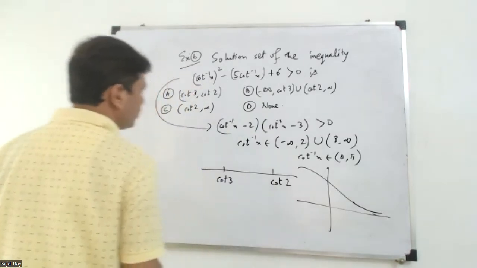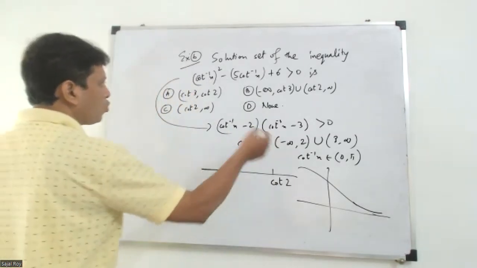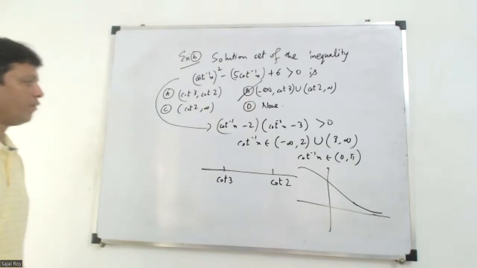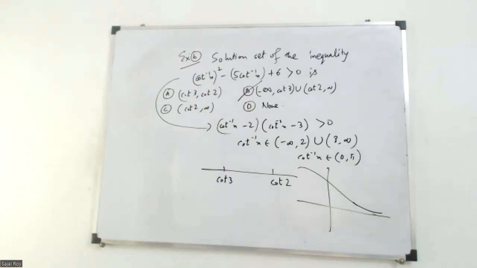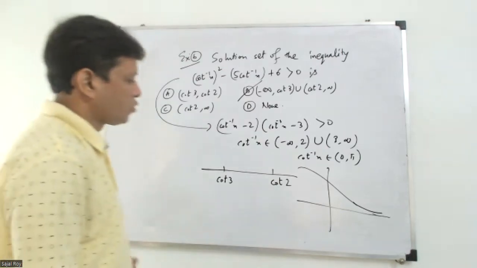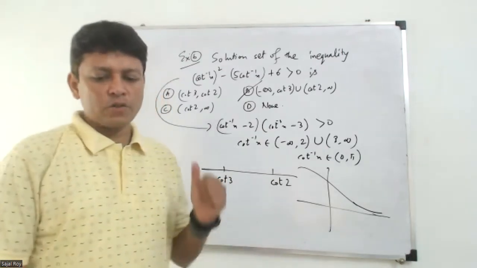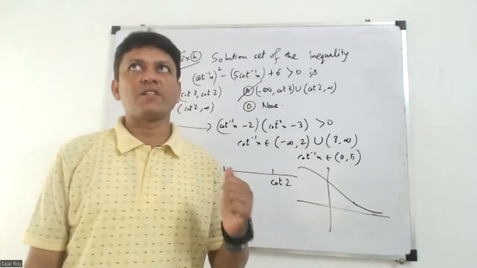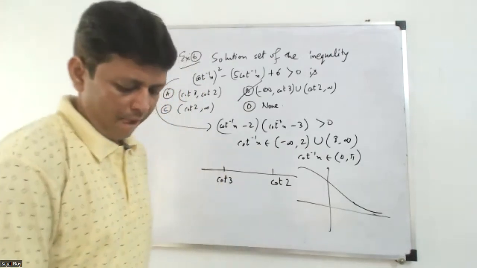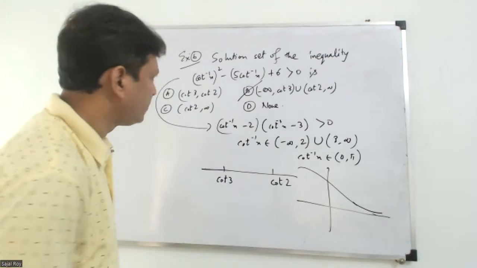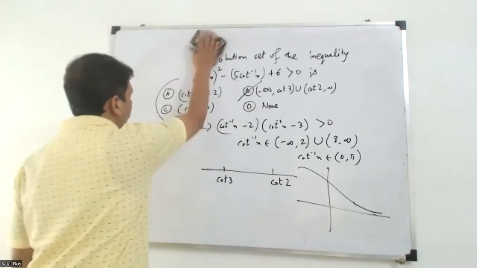So minus infinity to cot 3 and cot 2 to infinity, that will be the region. So cot inverse x is decreasing, cos inverse x is decreasing, tan inverse x is increasing. Let's move to the next problem.